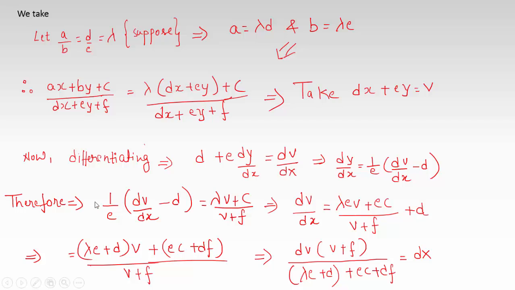Therefore, it becomes 1 upon e (dv by dx minus d) is equals to (lambda v plus c) upon (v plus f), which gives dv by dx equals (lambda ev plus ec) upon (v plus f) plus d. Now it is important to observe how we got the value of dy by dx. We have just put v instead of this and here also, and we have substituted the value over here. So we get (lambda e plus d) into v plus (ec plus df) upon (v plus f) by simply taking the LCM, and we can simplify this equation like that.